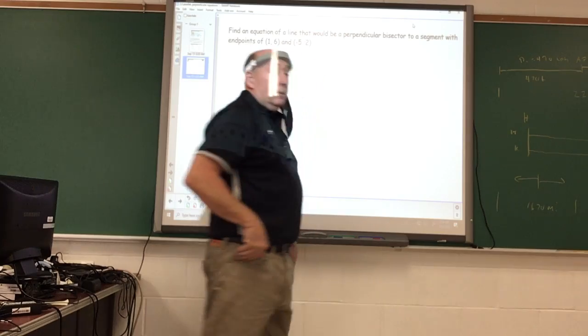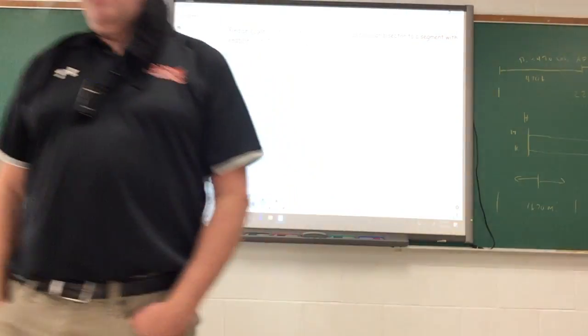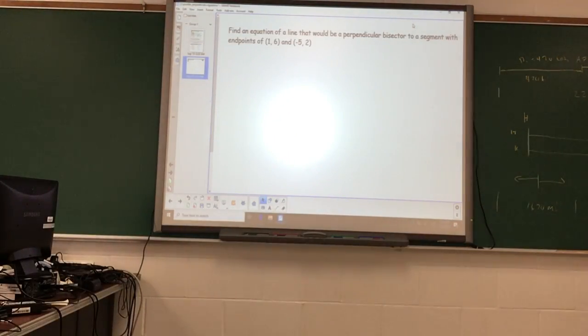Last problem. Okay, find the equation of a line that would be a perpendicular bisector to the segment with endpoints 1, 6 and -5, 2.